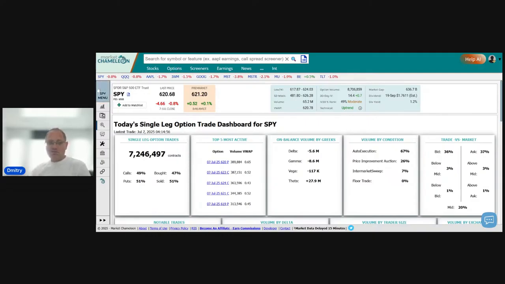I clicked on the menu to minimize it and expand our screen. For today's purposes, we want to look at the most active single leg option contracts and the most notable trades, like the largest trades. The difference is, when we look at the most active, here we have the top 5 most active, this shows us the cumulative volume traded in that option, with single legs.